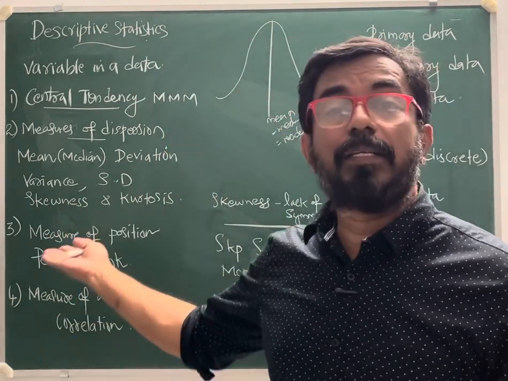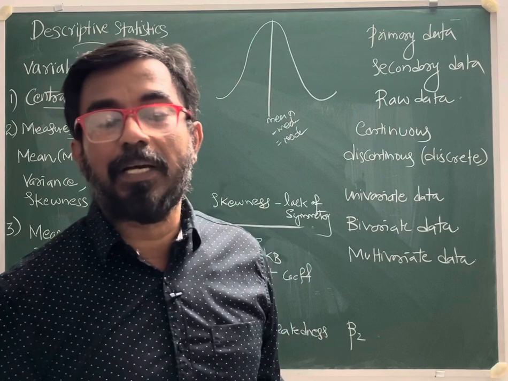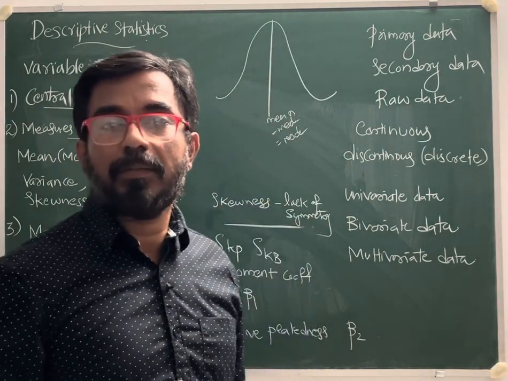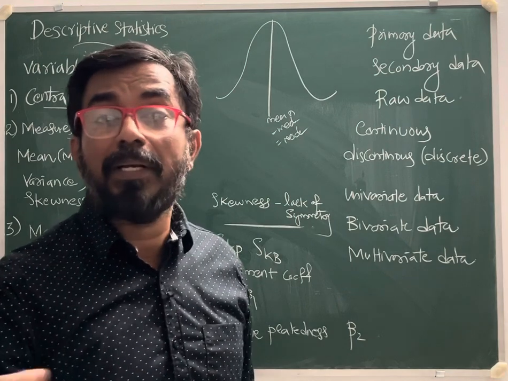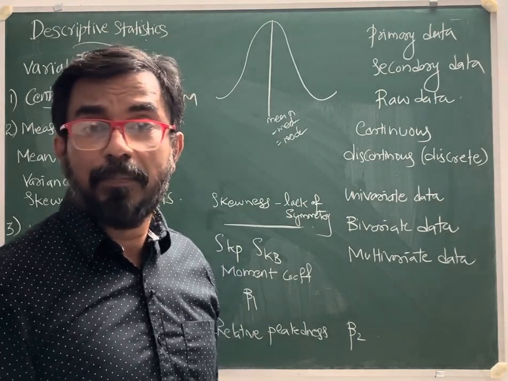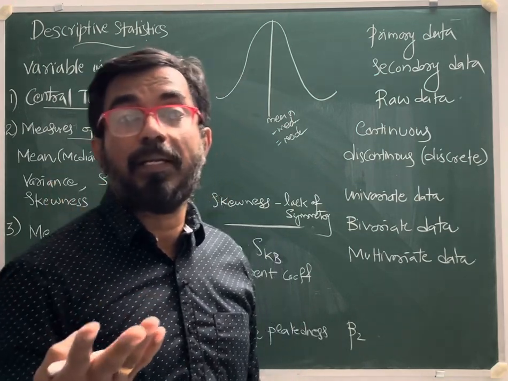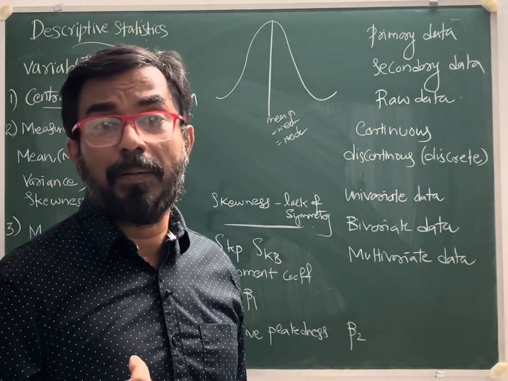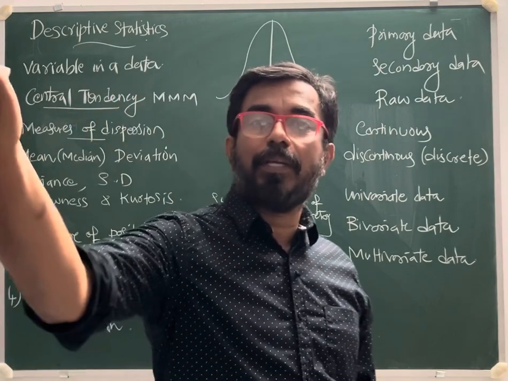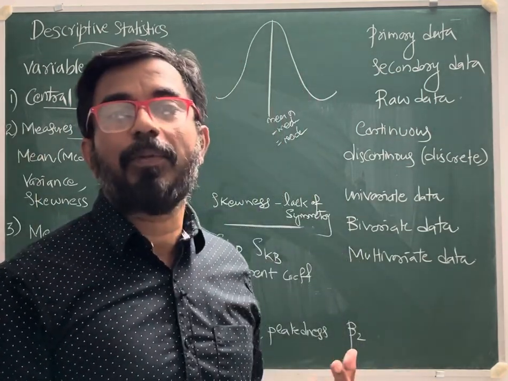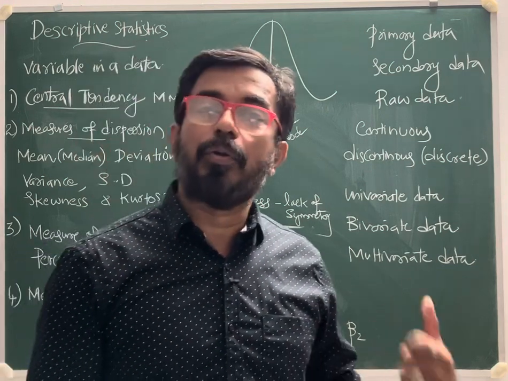We can find it in different ways. The Karl Pearson method is there, like mean minus mode divided by standard deviation, or 3 times mean minus median divided by standard deviation. Then Bowley's coefficient method is there, using quartiles Q1, Q2, Q3, like Q1 plus Q3 minus 2Q2 divided by Q3 minus Q1. We will write the formula. I will explain how to go about that.